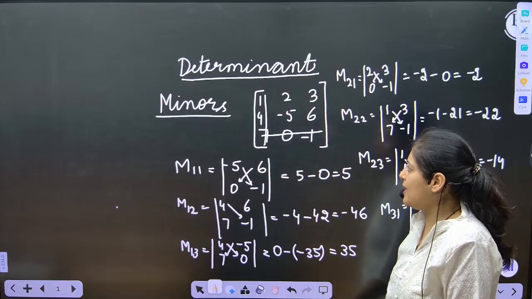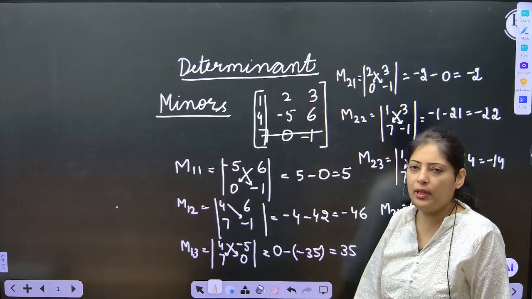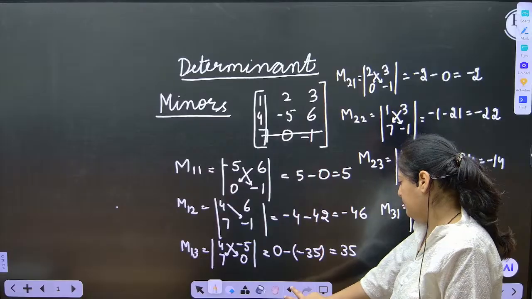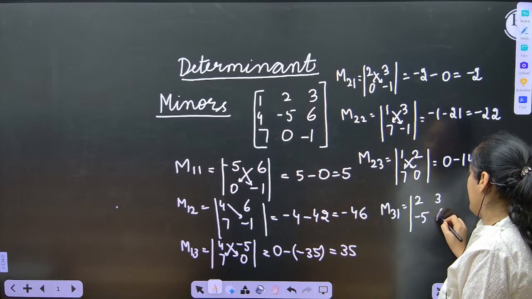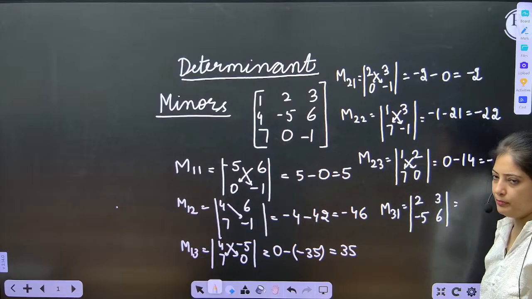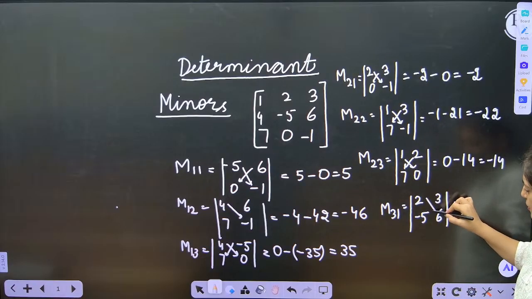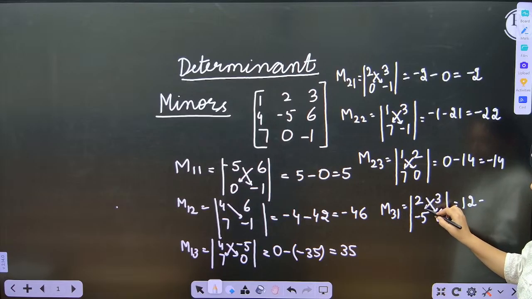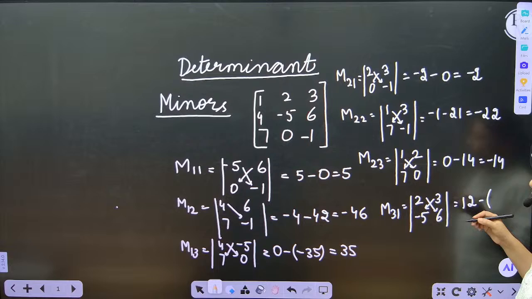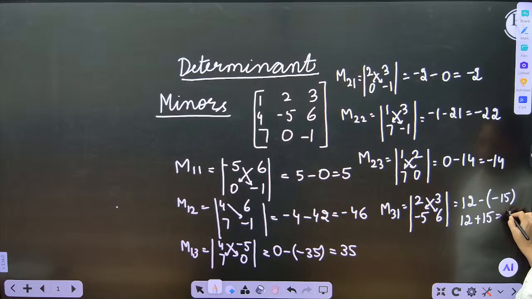Which 4 numbers are left? 2, 3, minus 5 and 6. 2, 6 are 12. 5 minus 3, 3 minus 5 is minus 15. Minus minus plus. It will come out to be 27.